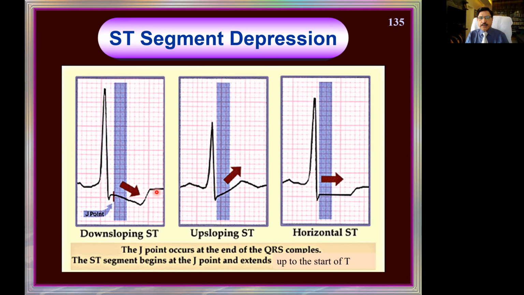TP is here before the P wave and PR is between the P and the QRS. And in relation to that, where is my ST segment? Which is significant? 2 or more millimeters in 2 or more contiguous or related leads. Okay? So this is about the ST depression, 3 types: downsloping, upsloping, and horizontal.